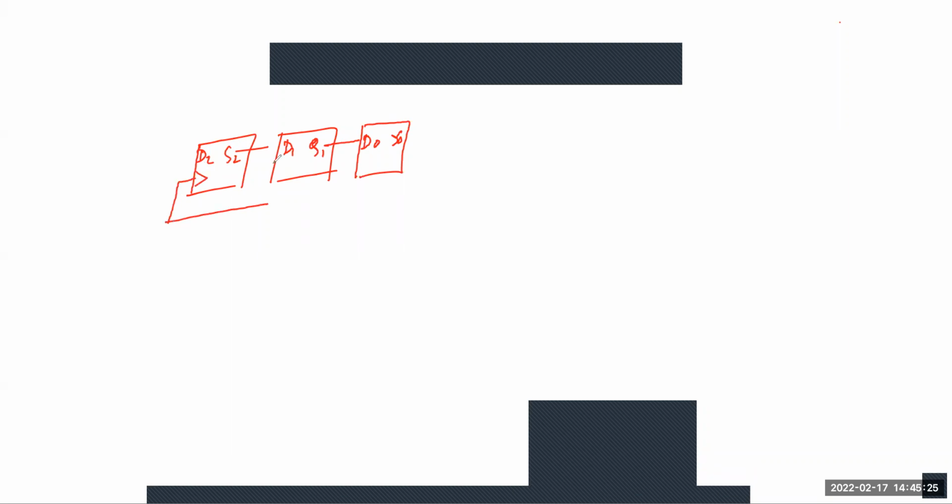Okay, and here this is the clock. So this is the serial input, and this is the output.